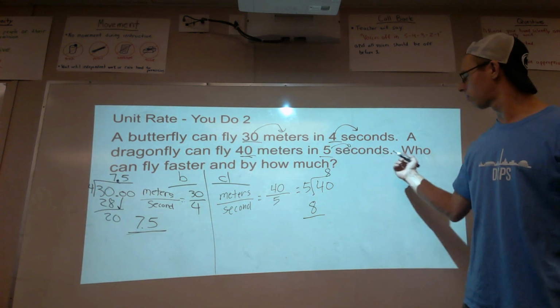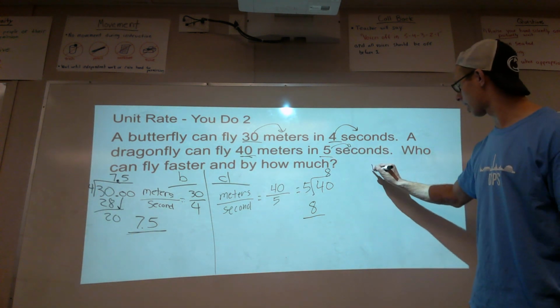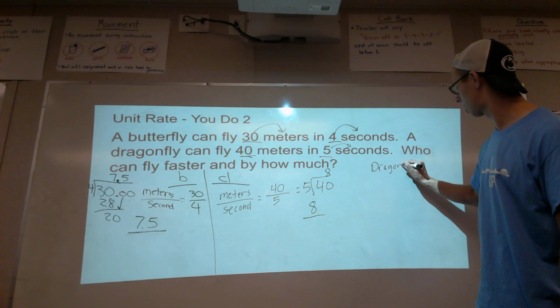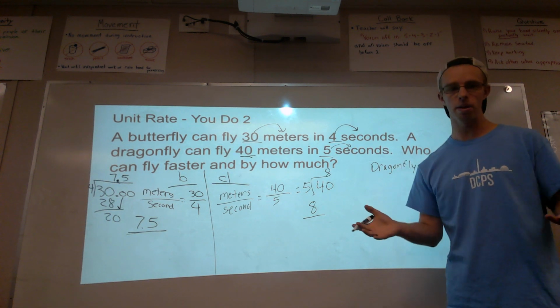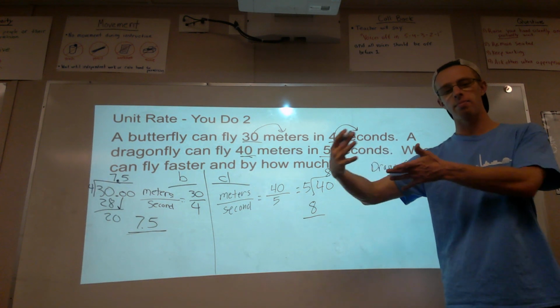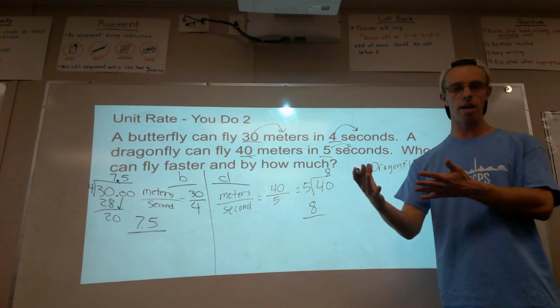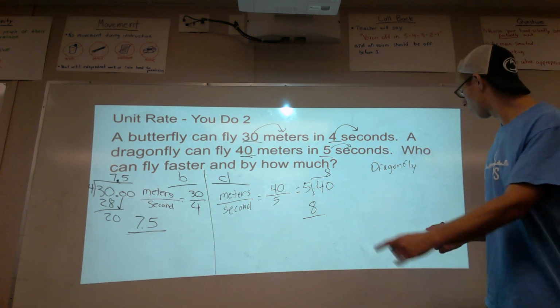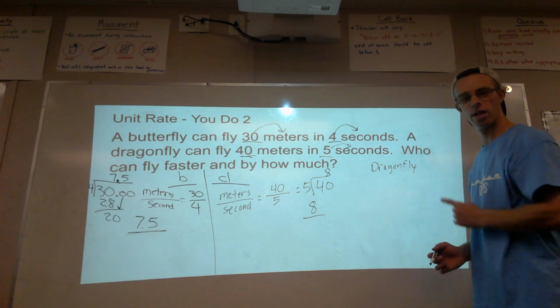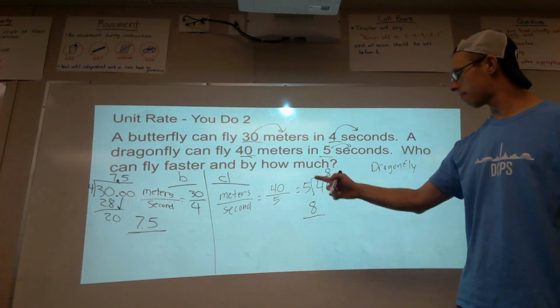So it says who flies faster and by how much. Well, I know the dragonfly flies faster. So I'll write dragonfly. And this would be a multiple choice question where you might see dragonfly by blank, butterfly by blank, and you need to pick it out. So we know that our answer should include the dragonfly is faster. Now by how much?